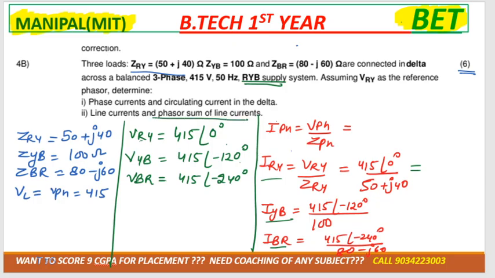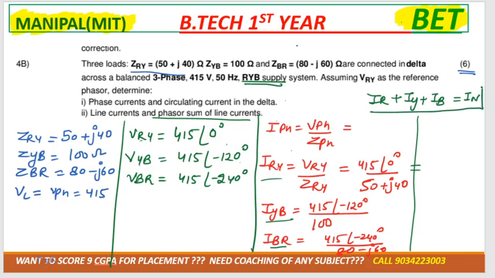Now they are asking for the phasor sum of line currents. Phasor sum of line currents means IR plus IY plus IB. Ideally it should be equal to 0. Okay, but the formula is IR plus IY plus IB is equal to IN. If there is some leakage current, then that would be the current flowing through the neutral. Okay, clear?